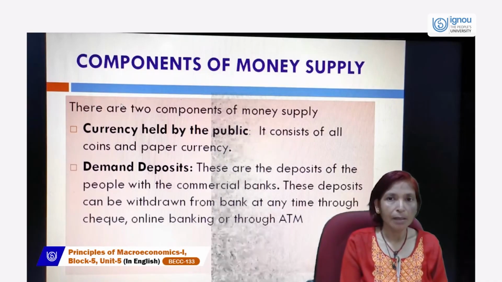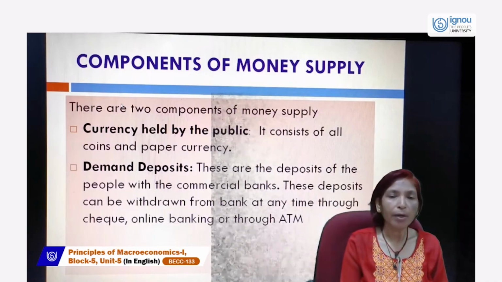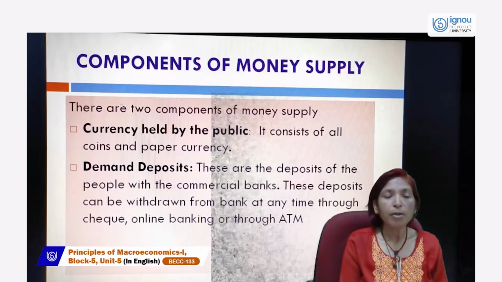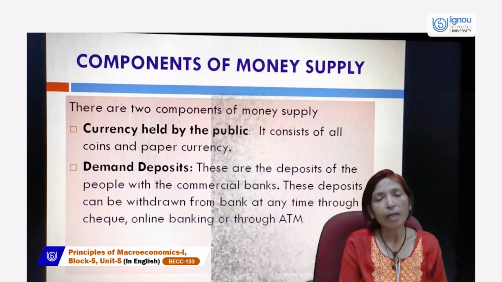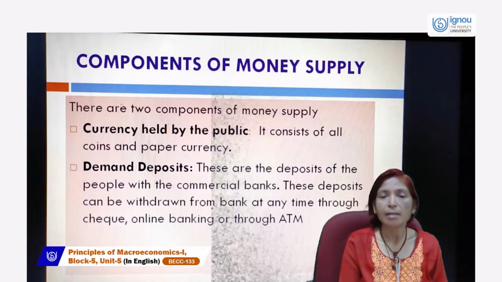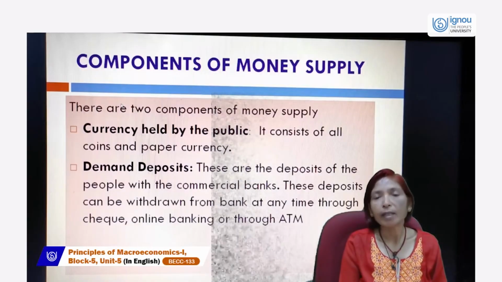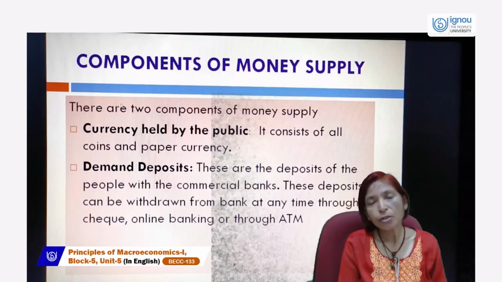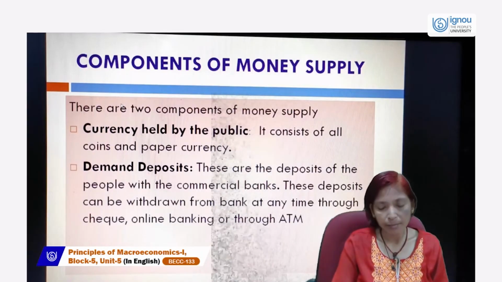So in India, in money supply, the currency component plays a very important role, and in developed countries, the demand deposit component plays a very important role in money supply. And who supplies money? The Reserve Bank of India supplies money. And the 1 rupee note is issued by the Ministry of Finance, Government of India.